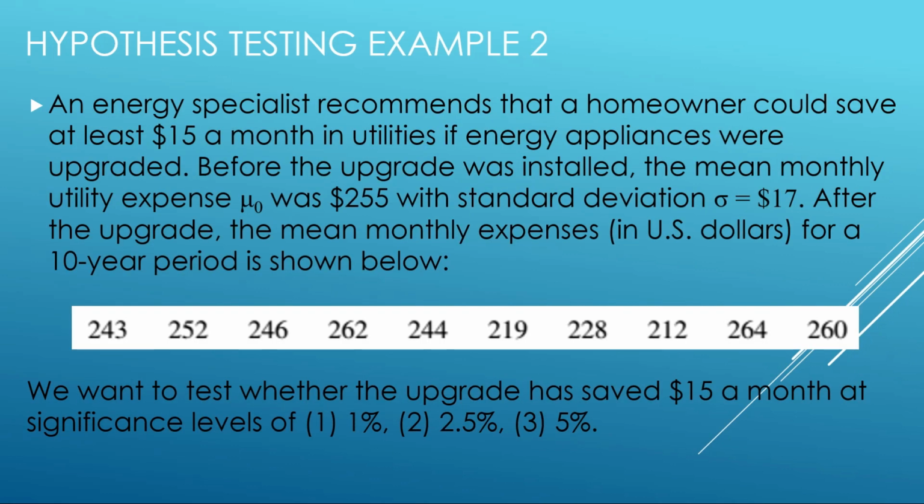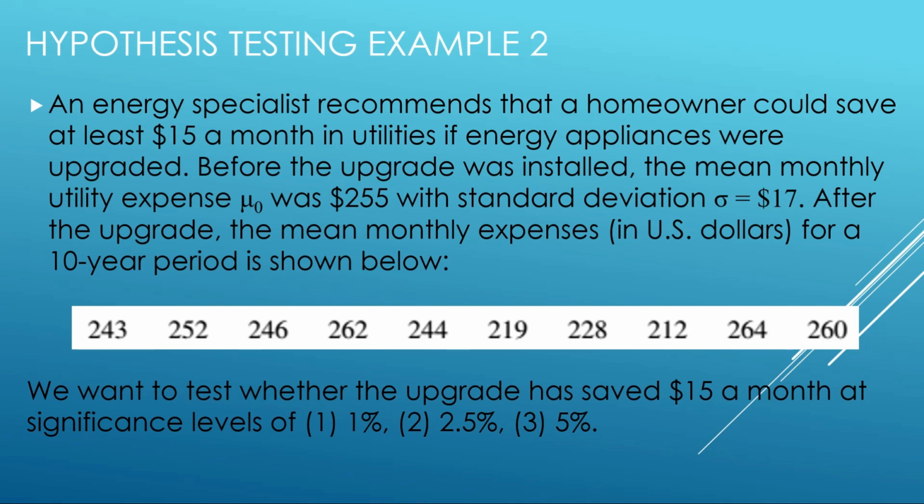Example 2 of hypothesis testing. An energy specialist recommends that a homeowner could save at least $15 a month in utilities if energy appliances were upgraded. Before the upgrade was installed, the mean monthly utility expense was $255 with a standard deviation of $17.